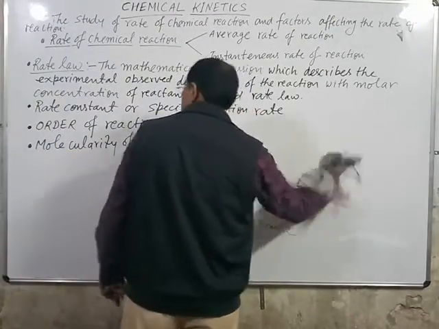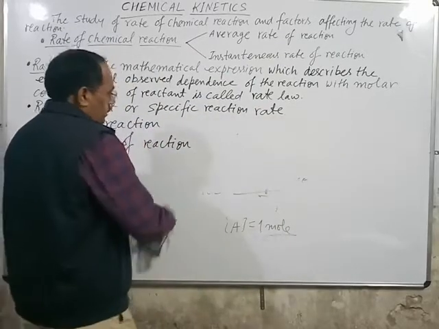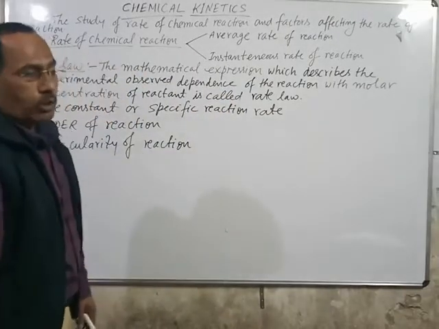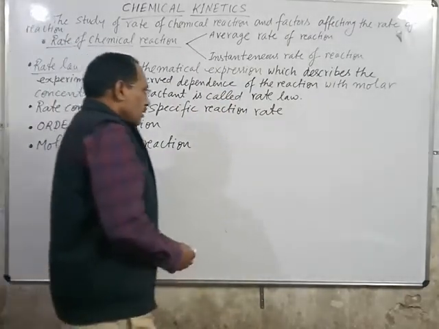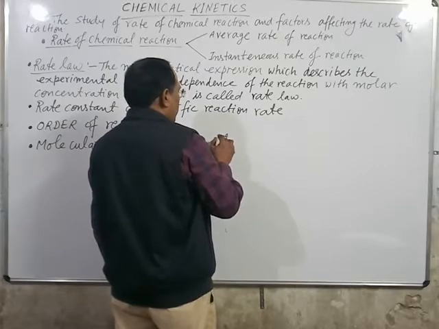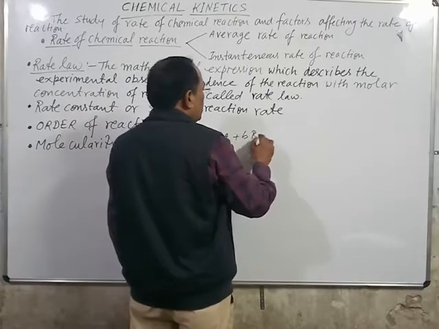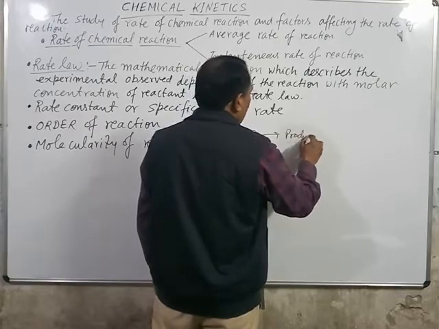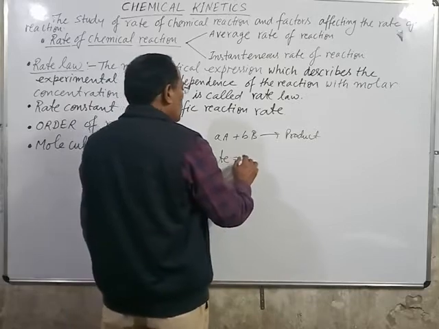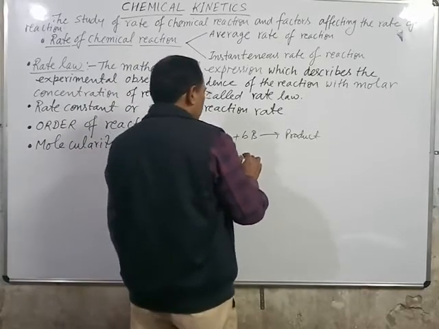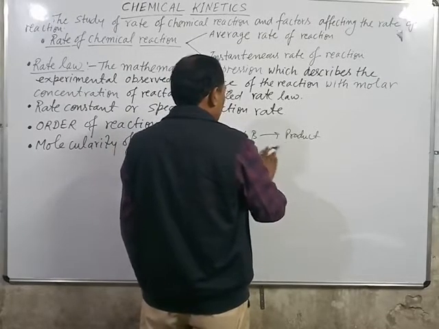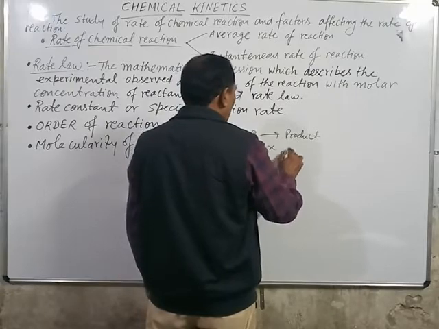Now the next term is order of reaction and molecularity of reaction. What is the meaning of order of reaction and molecularity of reaction? Suppose this is a general reaction: a moles of A, b moles of B gives product. According to law of mass action, rate is equal to K active mass of A power x and active mass of B power y.